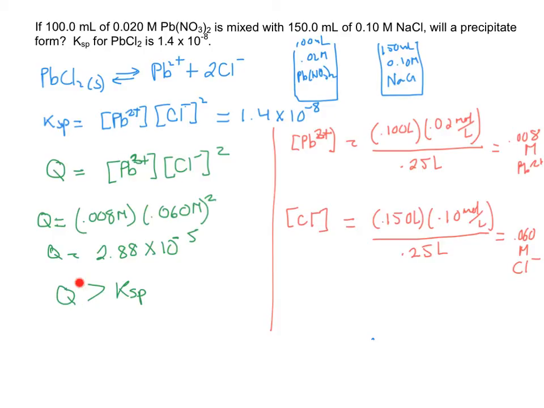If your Q is lower than your KSP, that means the concentrations of my ions are very, very little. Not very much has dissolved. So very little of this is there, and so it's not going to form your solid. If Q is much larger, that means I have way too much of these than I could have in a saturated solution, so that means the extra will precipitate. So in this case, a precipitate will form.